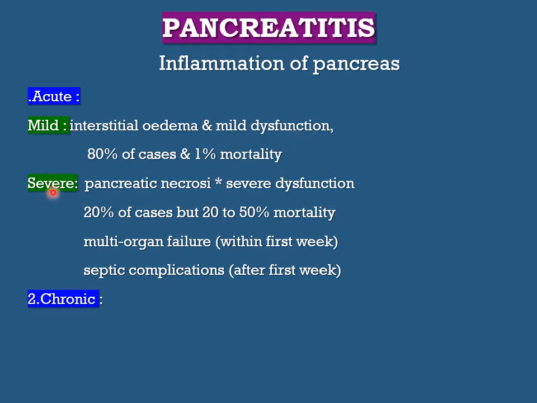In severe pancreatitis, there is massive pancreatic necrosis with severe dysfunction of the pancreas. This accounts for 10 to 20% of the cases of acute pancreatitis, and it can have a high mortality, 20 to as high as 50%. This is due to multi-organ failure and septic complications that develop.